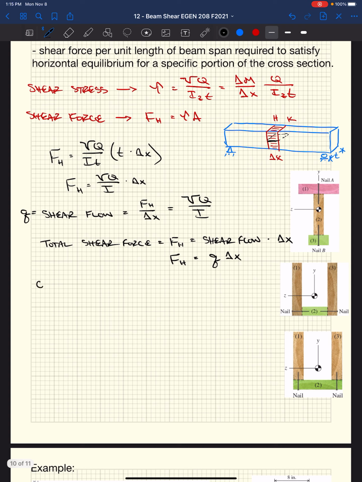So oftentimes we determine fastener spacing, we'll call this s, based on shear flow requirements.